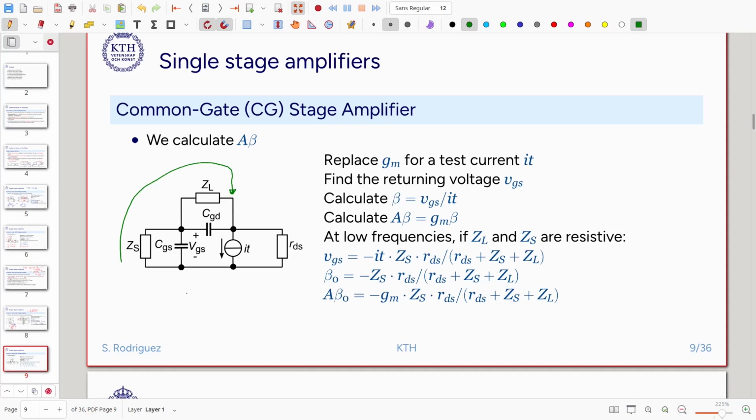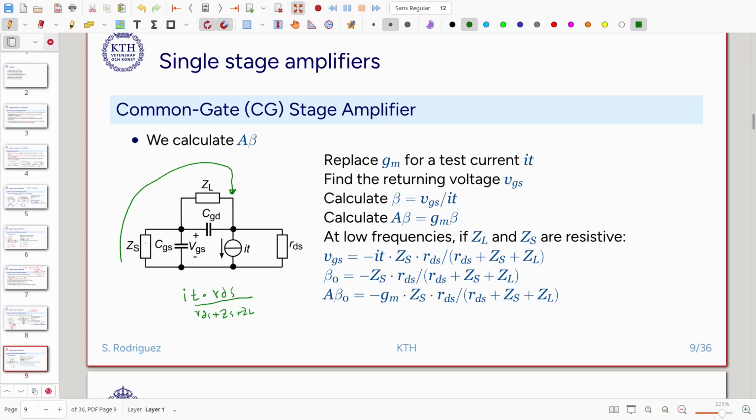So we have IT times RDS divided by RDS plus ZS plus ZL. That will be the current that is flowing in this branch.